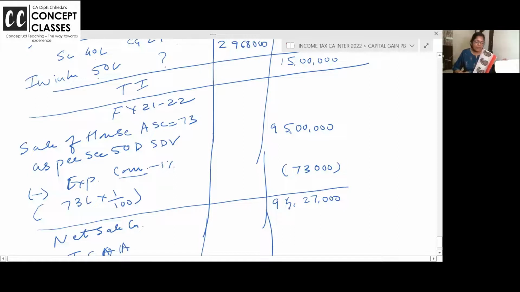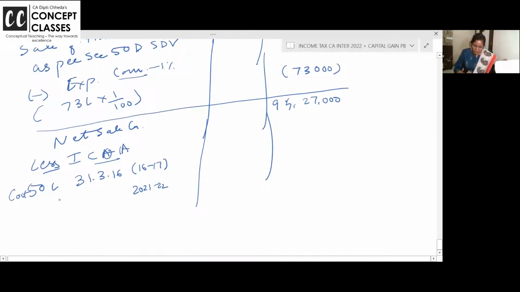And this is 9427. Now, you have purchased the house for 50 lakhs on March 16. Don't take 16, 17. ये भी मैंने गलत किया है. If it is March 16, you have to take financial year 15 and 16. How much it is? 254.